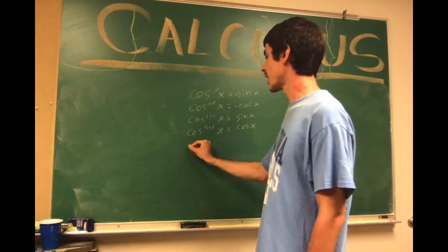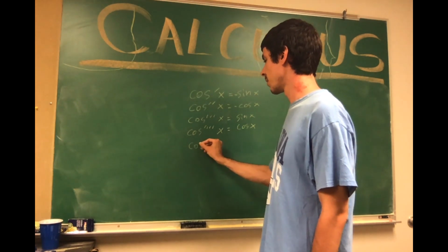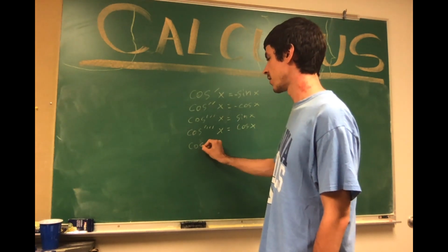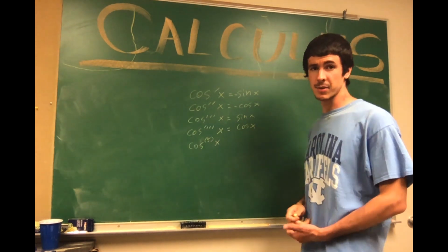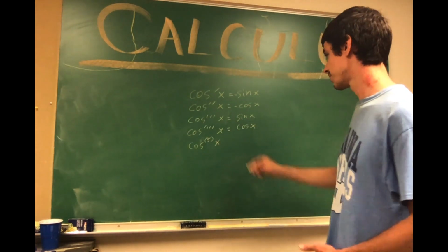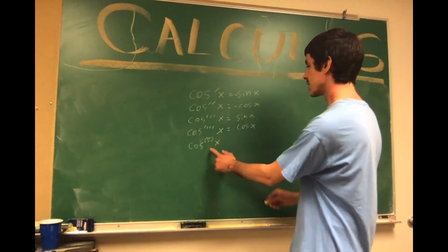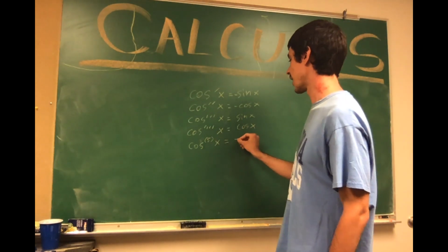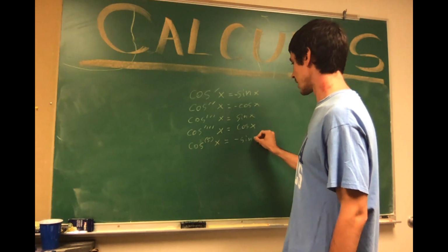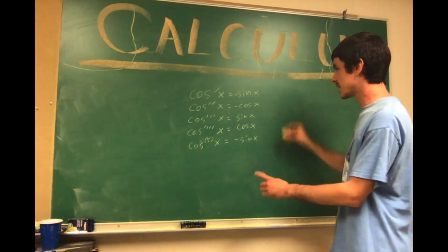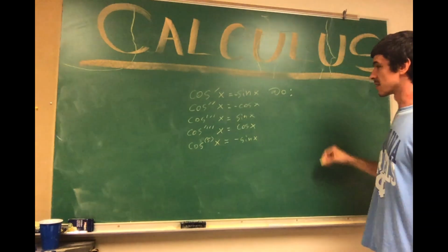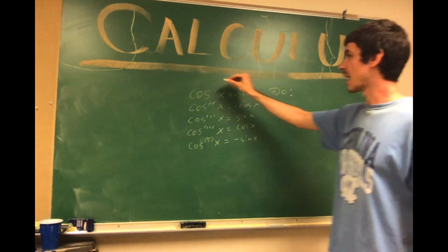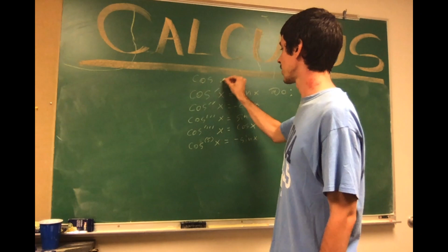And the notation, when you get past 3 or 4 derivatives, is usually a little number in parentheses instead of an absurd amount of apostrophes. So then this is going to be negative sine of x, and the pattern at 0 is of course going to be, well, we're going to have cosine x itself.